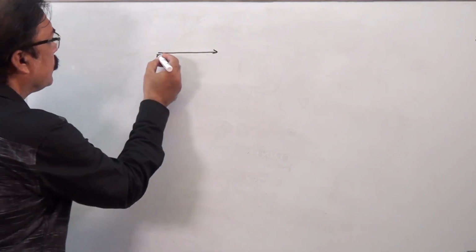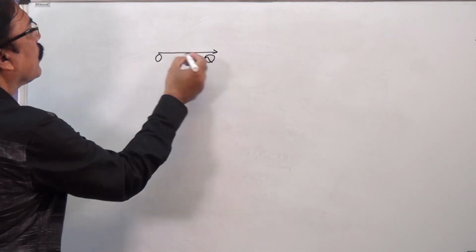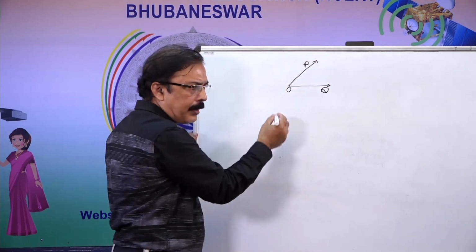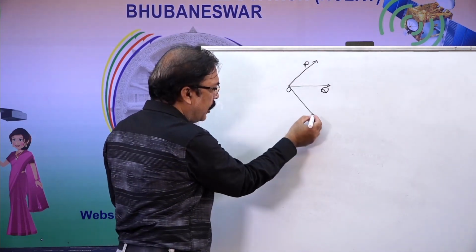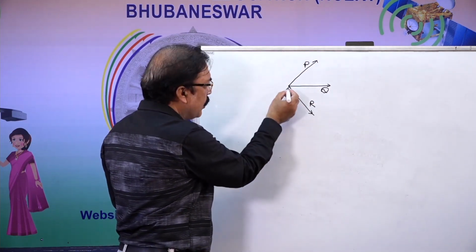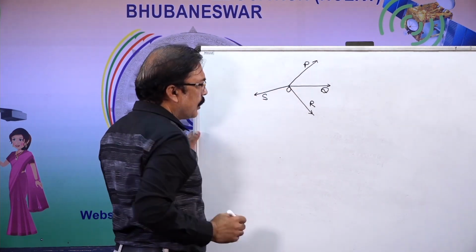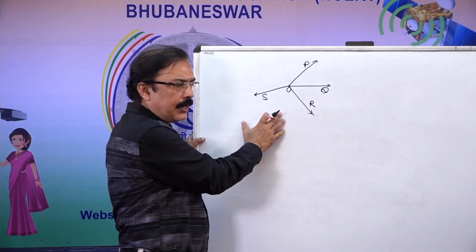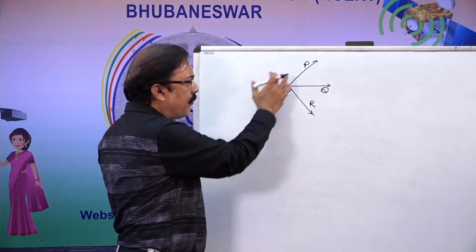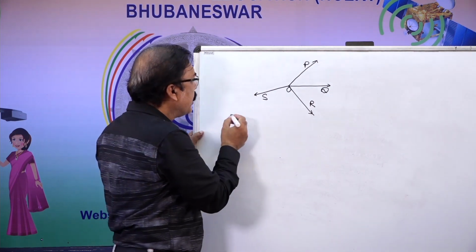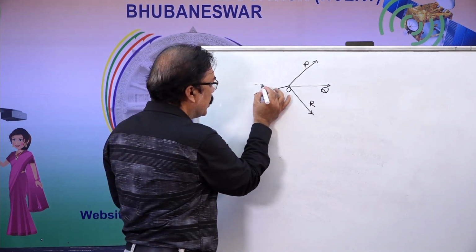OQ, OP, OR and OS. In this question, how to prove that the sum of all these 4 angles is 360 degrees? Now here, let's have a construction.